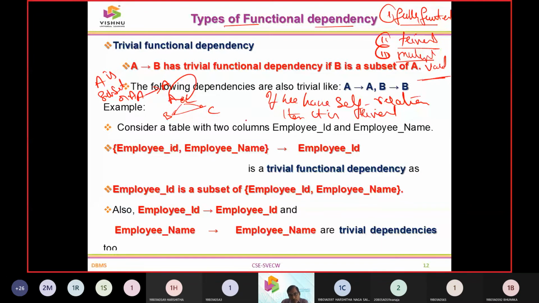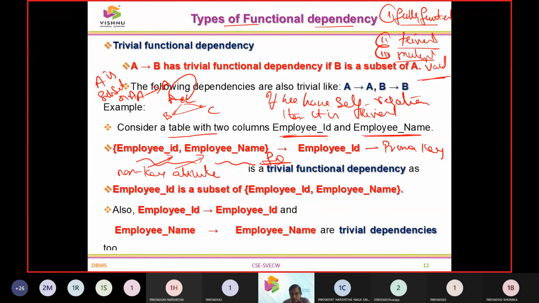Now here you can see, consider a table with 2 columns, employee ID and employee name. Employee ID and employee name are dependent on employee ID. Of course, we call employee ID the primary key attribute, and employee name a non-key attribute. So we get a functional dependency.